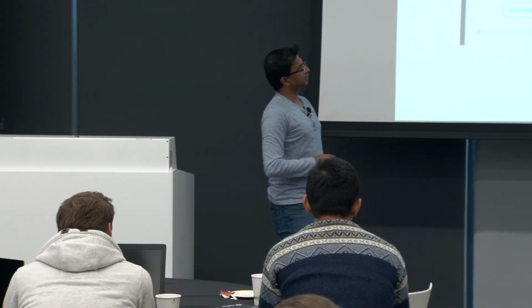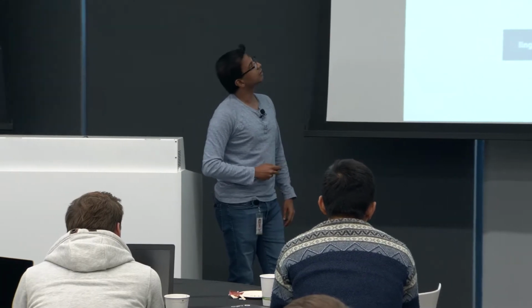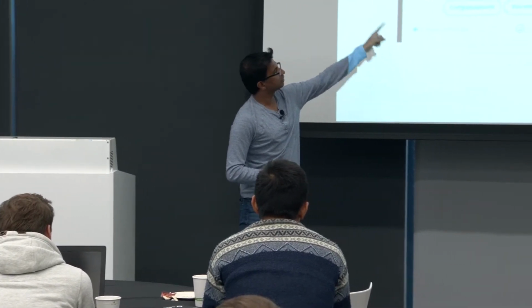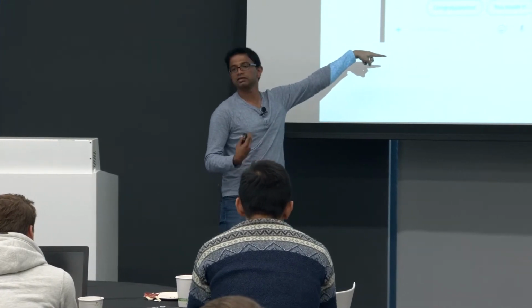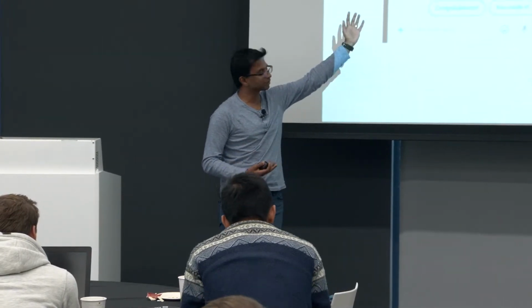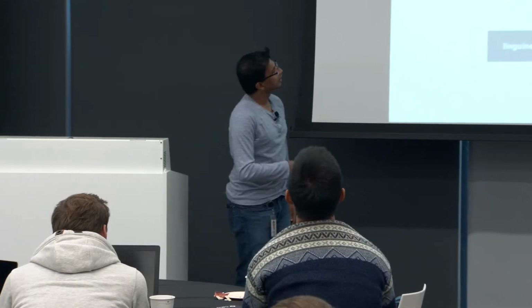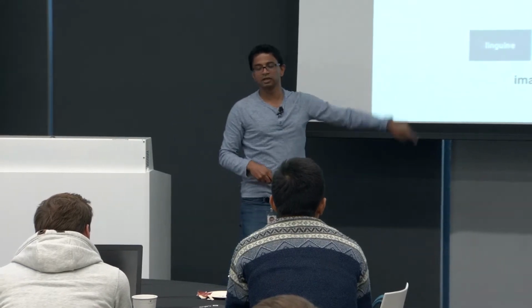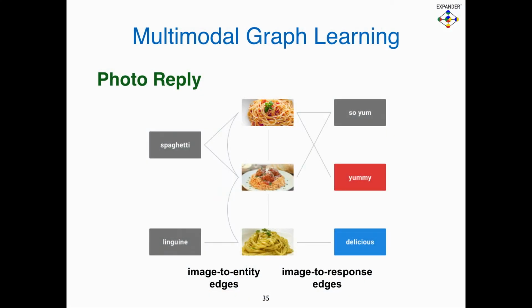Same thing with photo reply. The first generation of the photo reply system, and there you can think of the goal as, just to show this example again, you have the image and you want to basically respond with, say, graduation picture means you want to say congratulations, right? One instance of a graph learning problem here is you have concepts in the image space, but you also have responses. Now, I don't know, those are all linguini or pasta images, but I don't know that the linguini is supposed to be yummy.